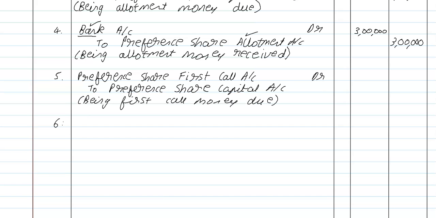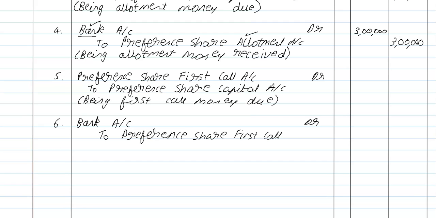And then of course we receive the money. So it's going to be bank account debit to preference share first call account.